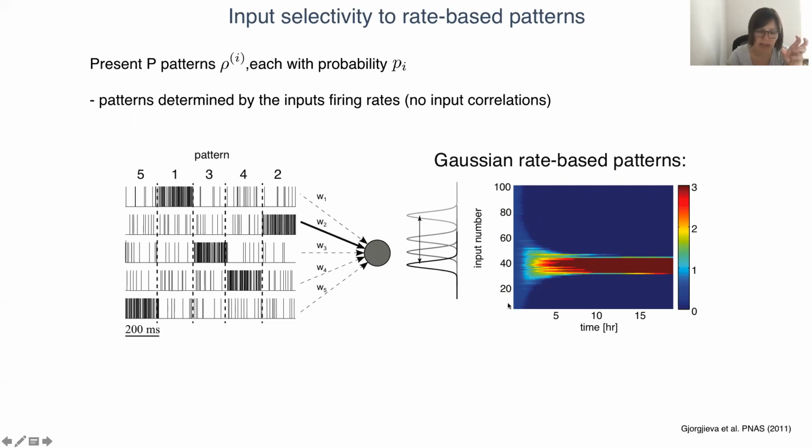This is just a schematic, but in this time figure of the weights, each of the input patterns is represented by a subset of inputs. We see the strengthening shown here by the increase in the color from blue to red of a selected pattern. So only one of the patterns corresponding to a given orientation becomes selective because it strengthens in time. But this is exactly what the BCM rule can do because we're only elevating the firing rates.